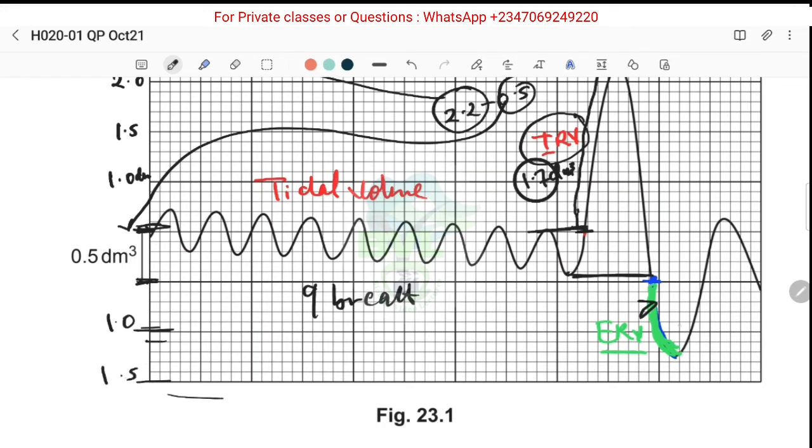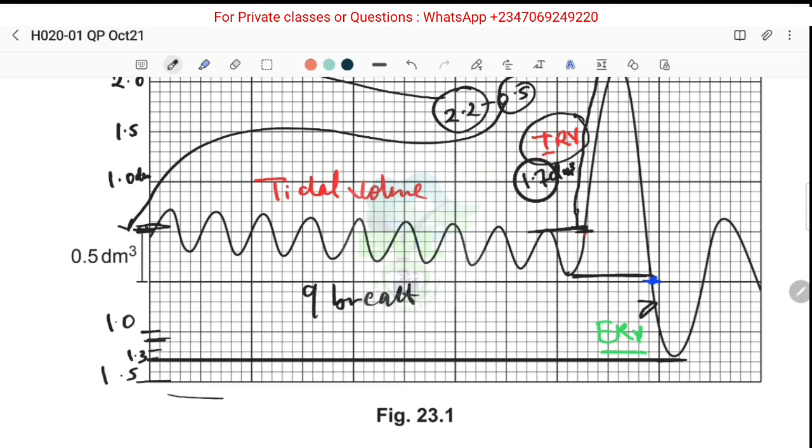So from here where it ends, from here to here, that's 1.3.